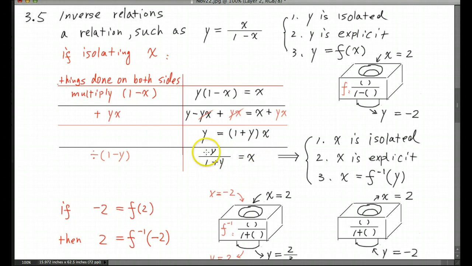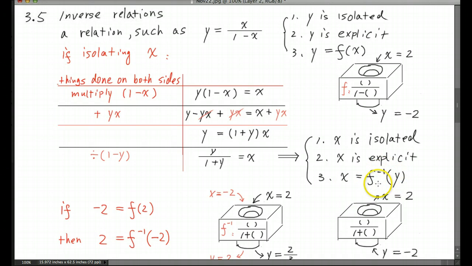Of course, if you look at this, it doesn't really look the same as the original one. The original one has 1 minus x in the denominator, and here it is 1 plus y. Now this is a form where x is isolated, x is expressed explicitly. Or you can write x equals f negative 1 of y.